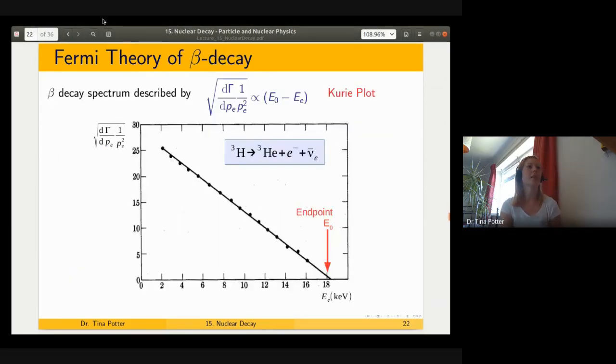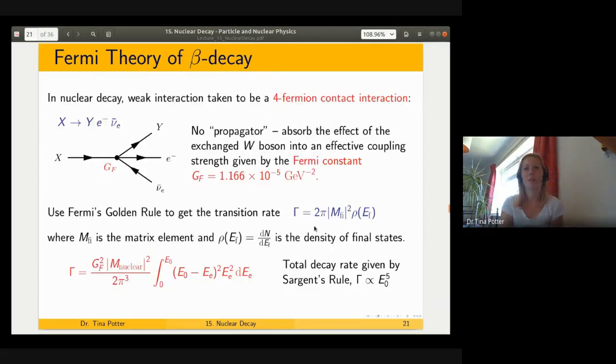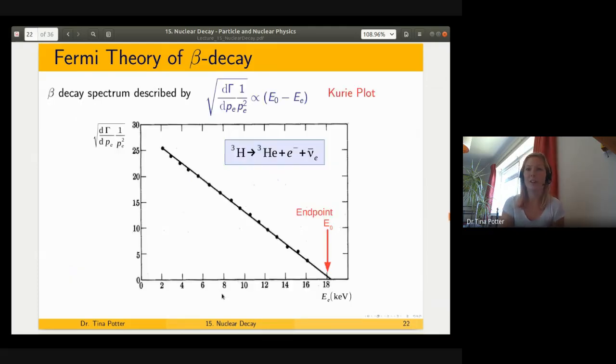Now, if we have a look at the energy of our positron or our electron in beta decay, and we plot the energy released against the square root of the differential decay rate times 1 over the momentum of the electron squared, we should get a straight line.